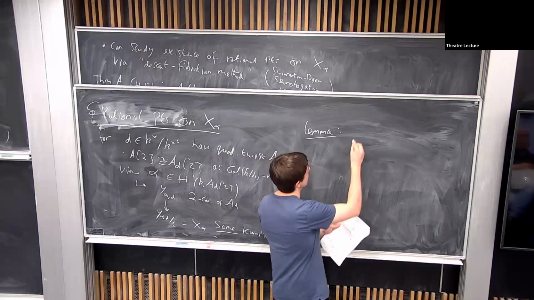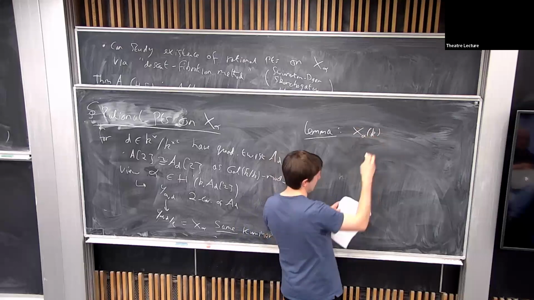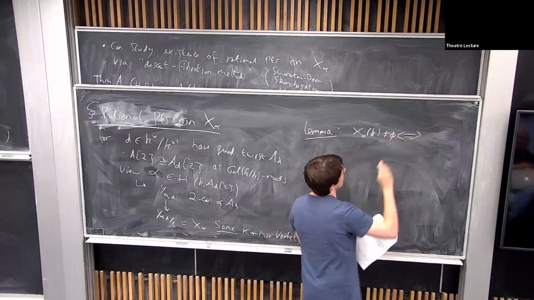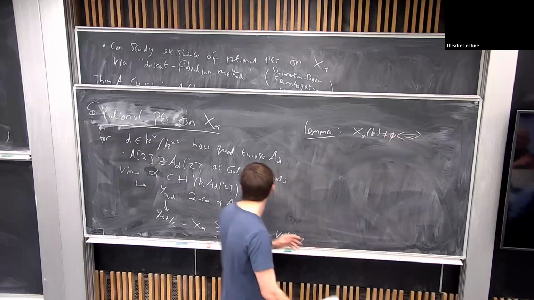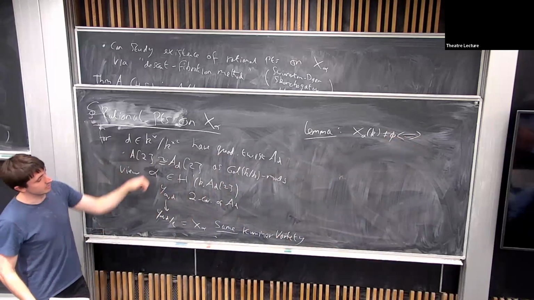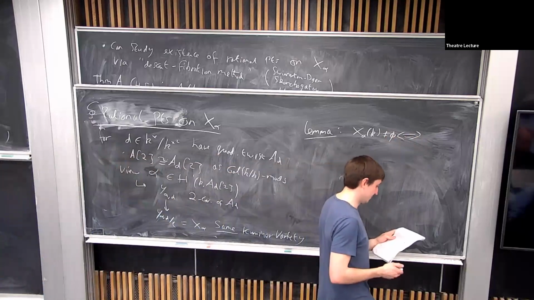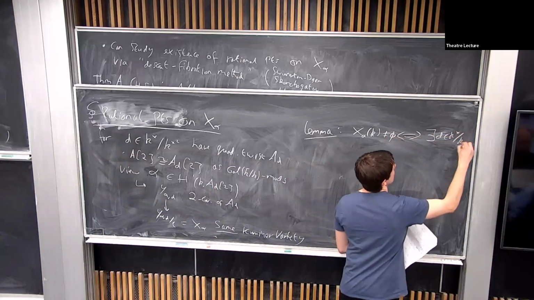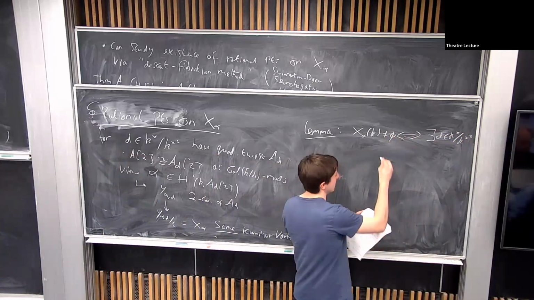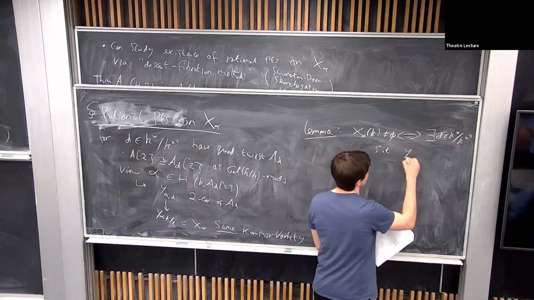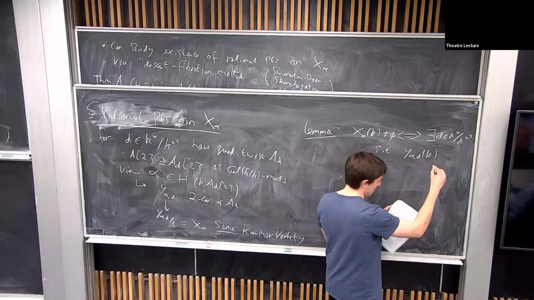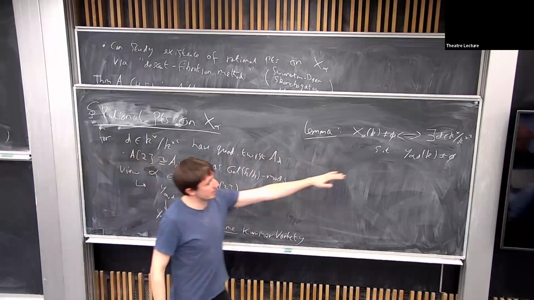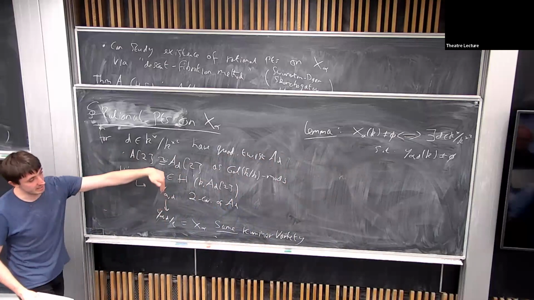Suppose we have a rational point on the Kummer variety, then that's actually equivalent to having a rational point on one of these coverings in the family. If we have a rational point on one of these varieties, you can project it down to the Kummer variety.